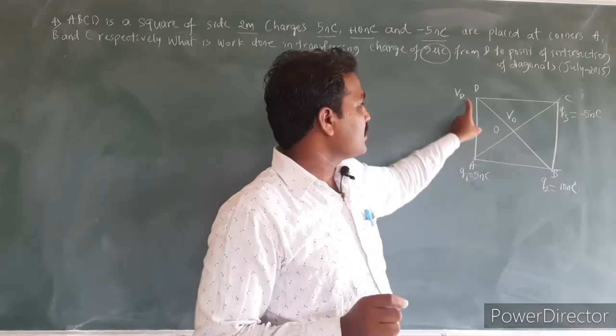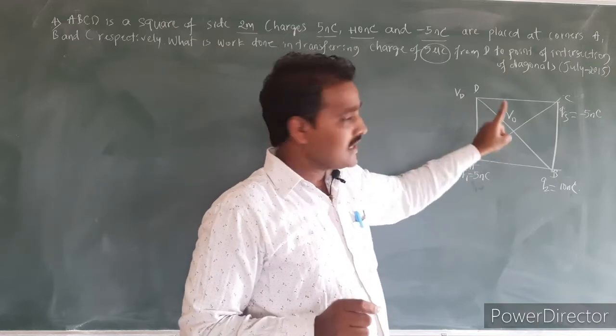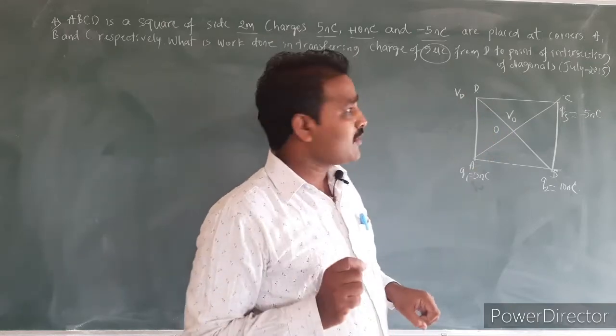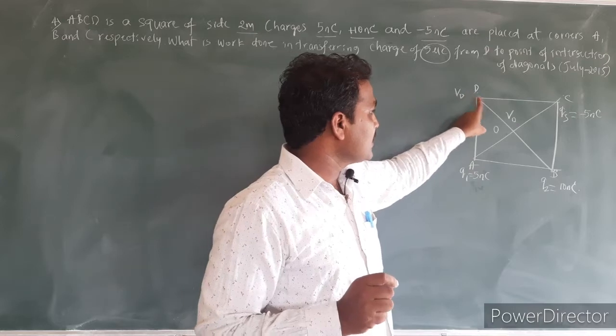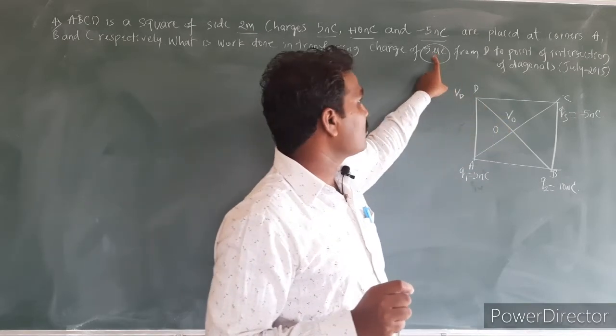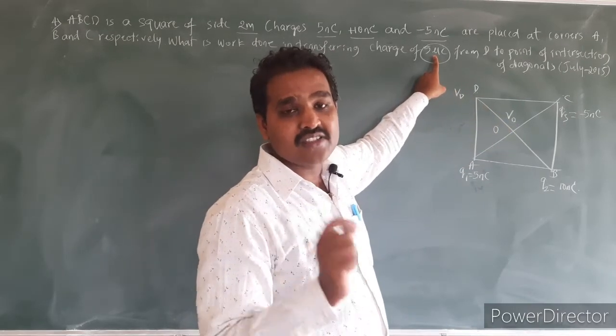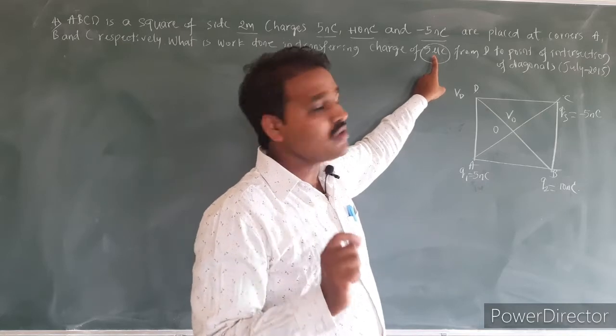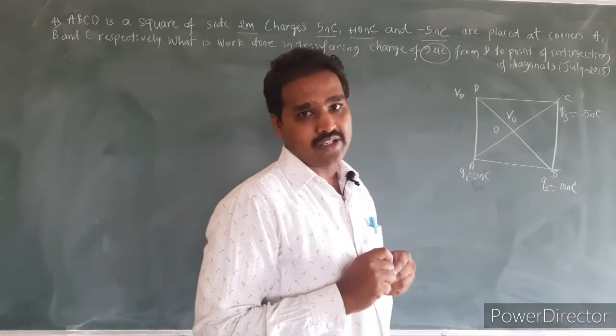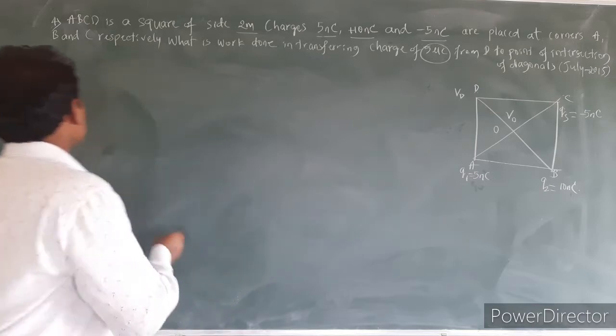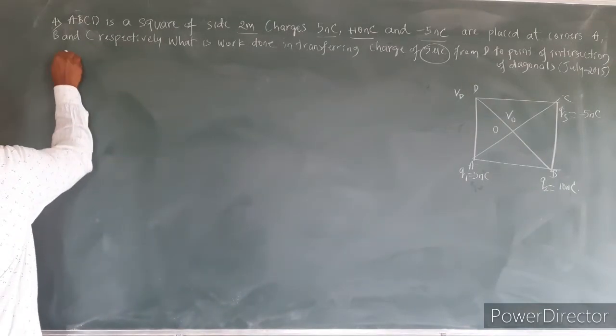Then we shall find out the potential difference between those 2 points, and the work done is given by the potential difference multiplied by the magnitude of the test charge that we are moving. The product of those 2 magnitudes will give me the work done. First we shall find out the electric potential.